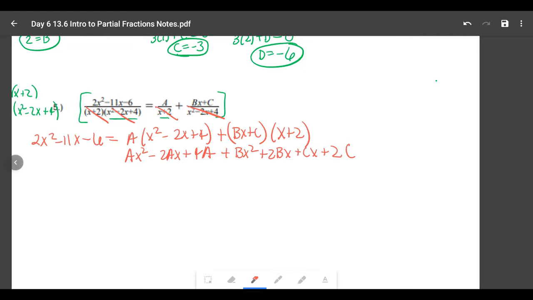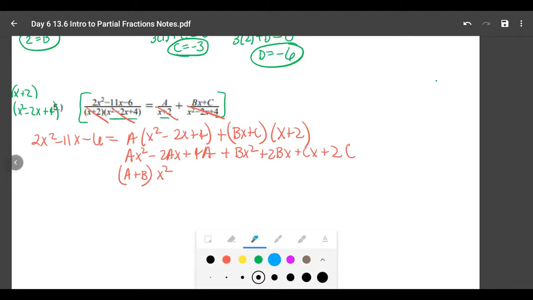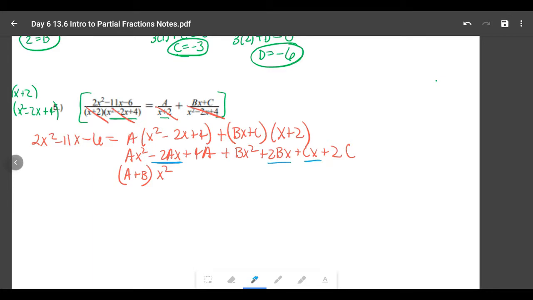All right, so I'm going to combine some like terms. I have a plus b is my coefficient of x squared. For my x's, I have a -2ax, a 2bx, and a cx. So I have plus -2a plus 2b plus c times x. And then for my constants, I have 4a plus 2c.